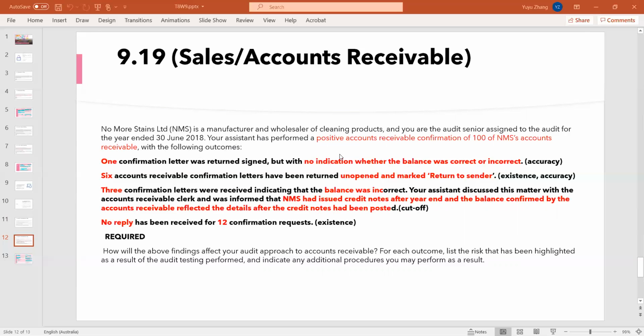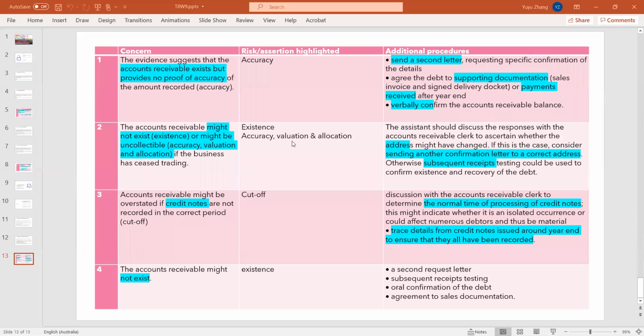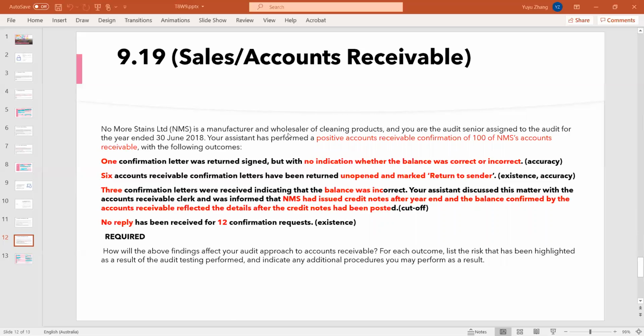So how will these findings affect your audit approach to accounts receivables? Actually those tests will indicate the testing results in terms of different assertions. So I think first you need to understand what will be the implied information in those outcomes.